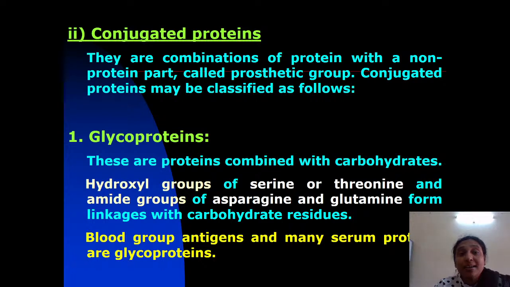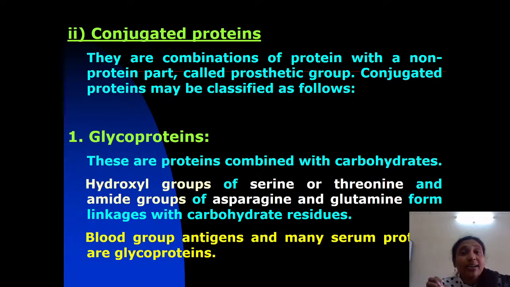As the carbohydrate content is more, proteoglycans are viscous in nature. The viscosity helps, as proteoglycans are mainly present in the synovial fluid around the joints, where they act as shock absorbent and lubricant. I think you are following. Glycoproteins are serum proteins; most of the serum proteins are glycoproteins, and here the carbohydrate content is less.